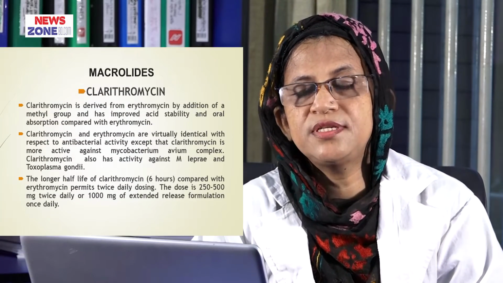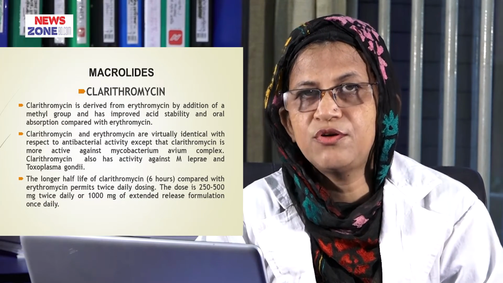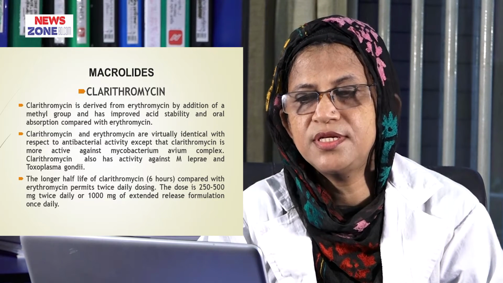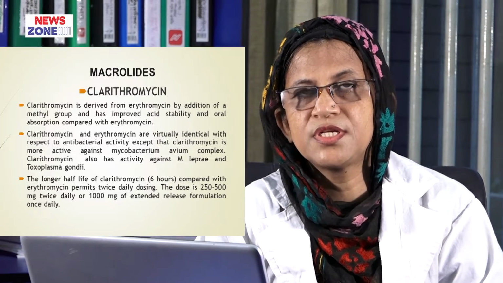Now clarithromycin. Clarithromycin is derived from erythromycin by addition of a methyl group and has improved acid stability and oral absorption compared with erythromycin.